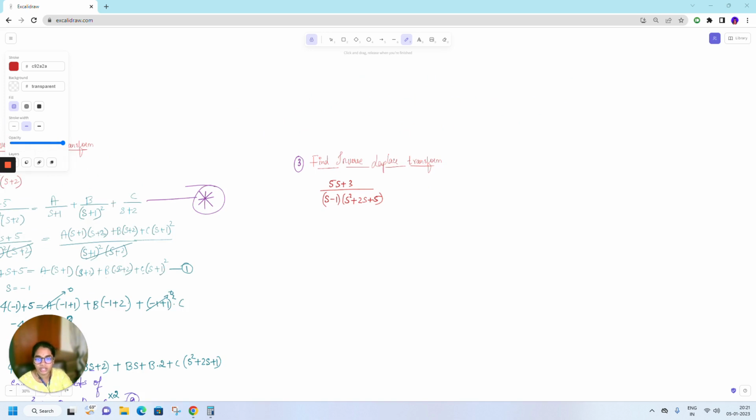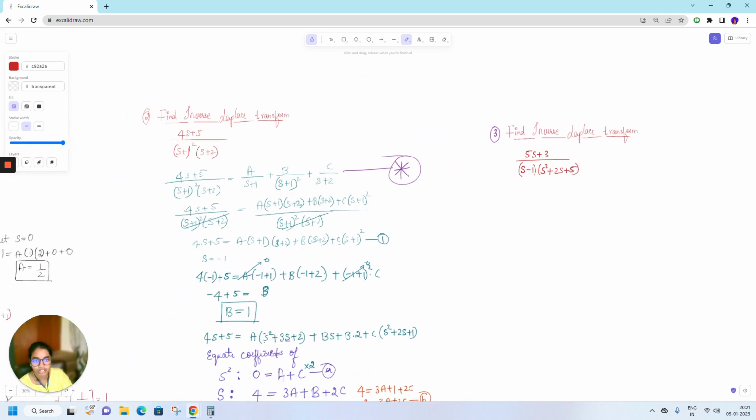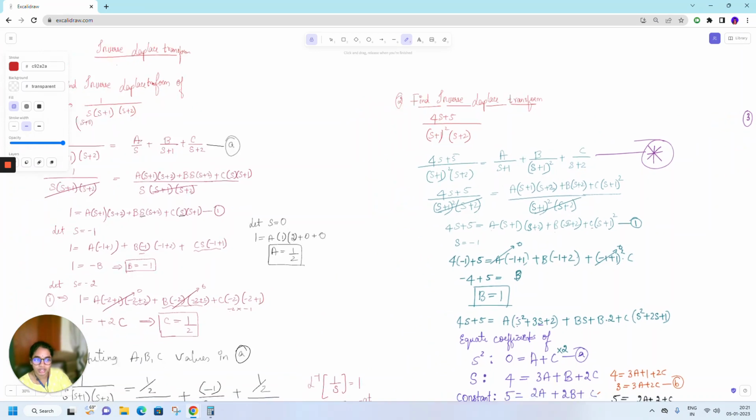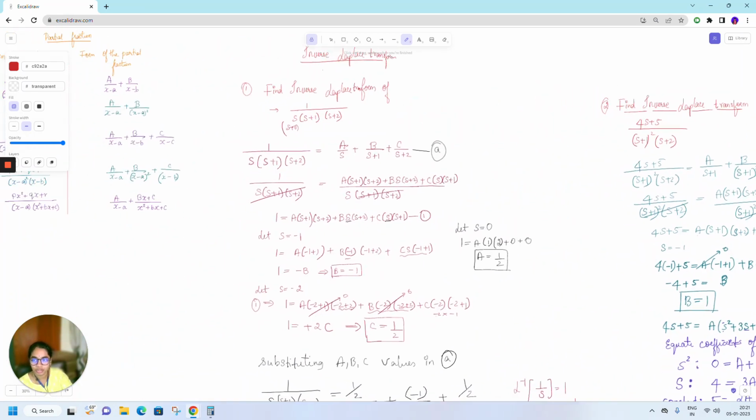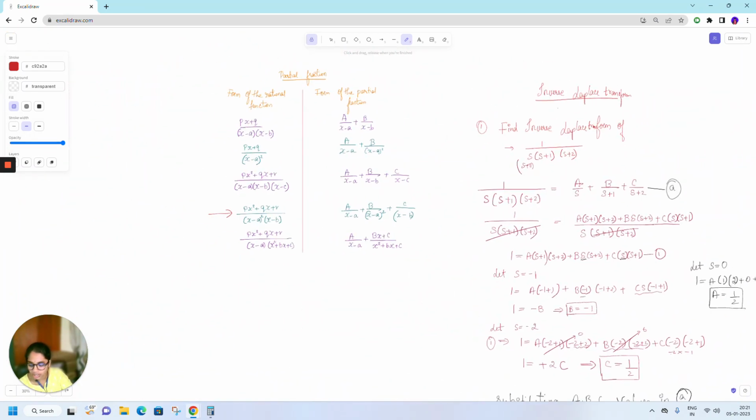Compare this with the standard formula of partial fractions. Yes, in which form is it? Observe, in which form is it? It is in the last form.